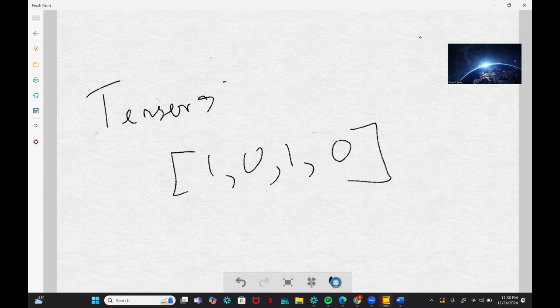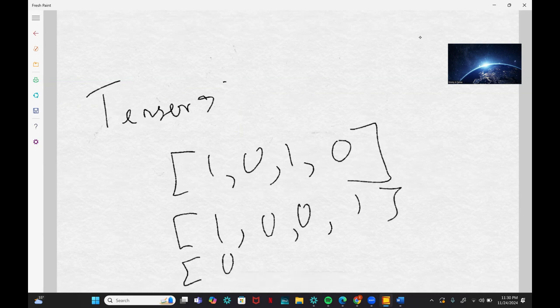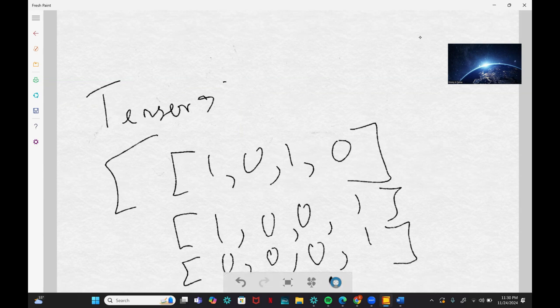So a tensor that you would use for an image would most likely look more like this. Let's say one, zero, one, and add one more array in here: zero, zero, zero, one. And one continuous tensor.